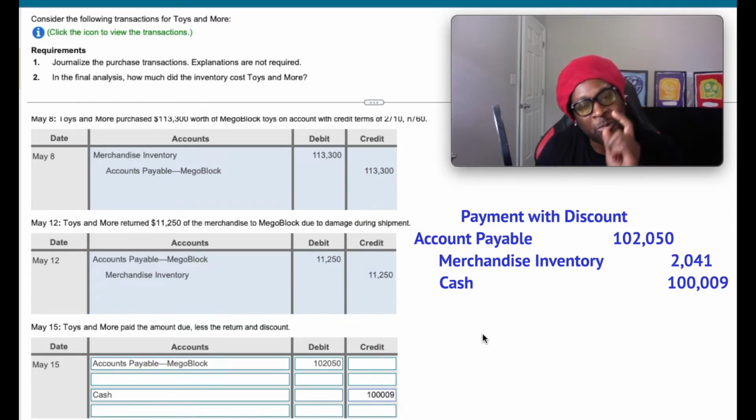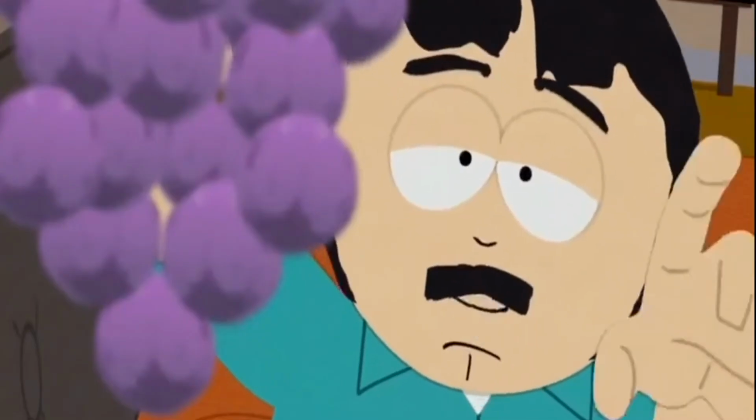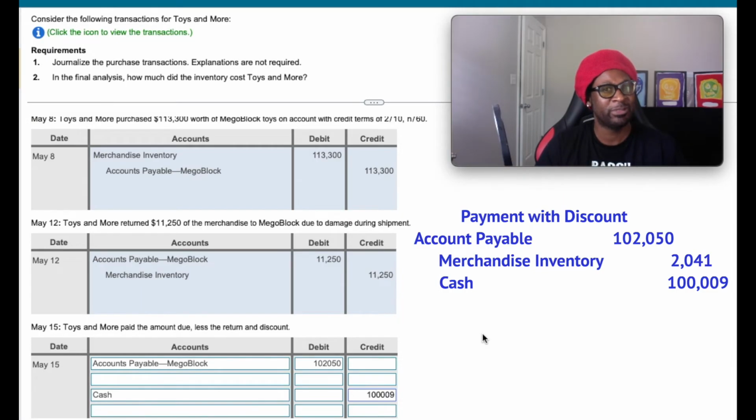But remember the key rule that I told you just a few seconds ago. Inventory is always on the books at cost. So what does that mean? You tell me, gang. If we receive a discount for paying for our inventory within a time frame, how does that affect the cost of our inventory?